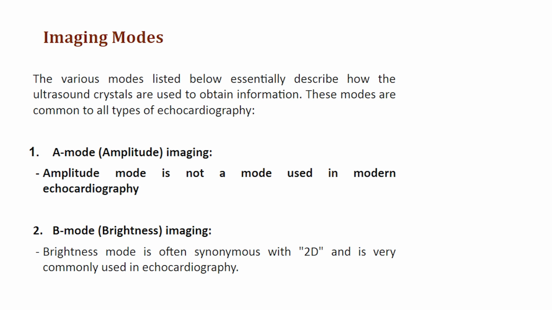Now, coming to B mode, called brightness mode imaging, is the same as A mode, except that brightness is used to represent the amplitude of the sampled signal. B mode imaging is performed by sweeping the transmitted sound wave over the plane to produce a two-dimensional image.